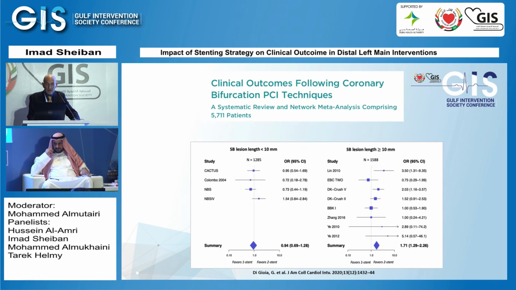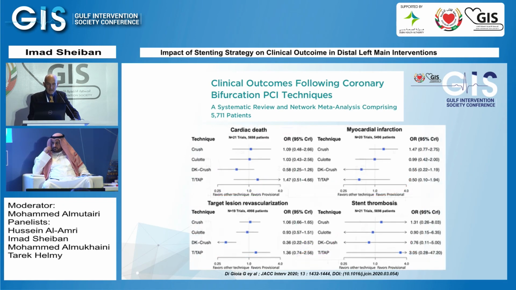And again, confirming that a lesion length of up to 10 millimeters is a determinant in selecting the appropriate strategy. That means a side branch lesion length of more than 10 millimeters will do much better with the two-stent technique rather than one stent.